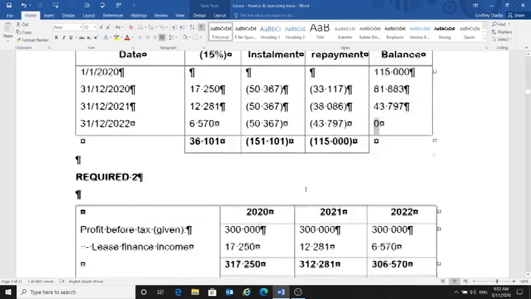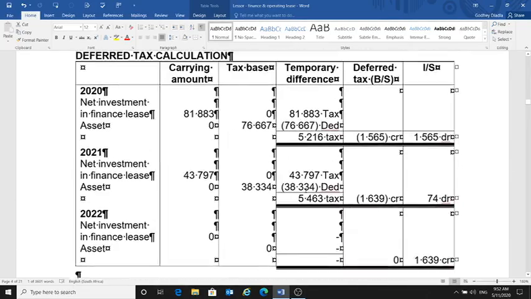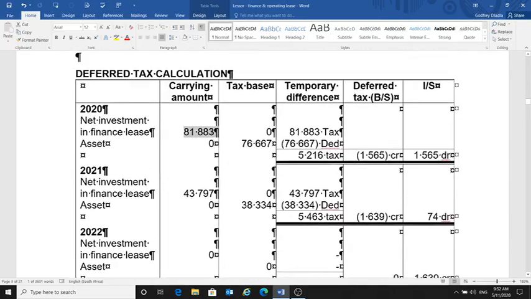Okay, so look at here, 81, 43, 0, right? And then this side here is 0, right? Now understand something. This 81 is like a debtor. The lessor raises a debtor, the lessee raises a liability, right?